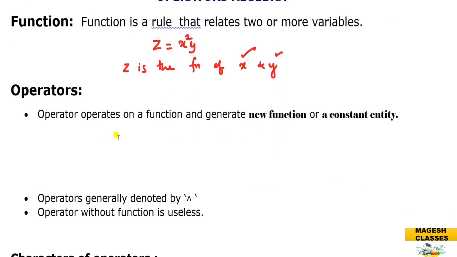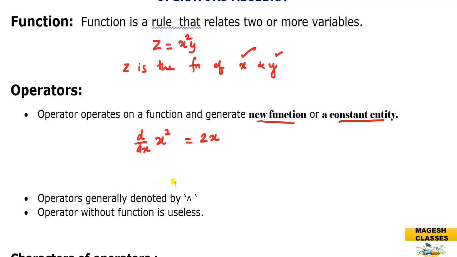Okay. Then what are operators? Operators operate on a function and generate a new function or a constant entity. A single operator operates on a particular function. Now see, the function x squared, the operator d by dx, this is equal to 2x.